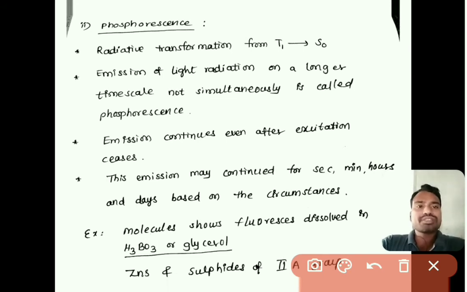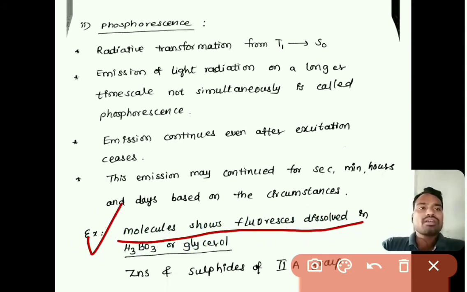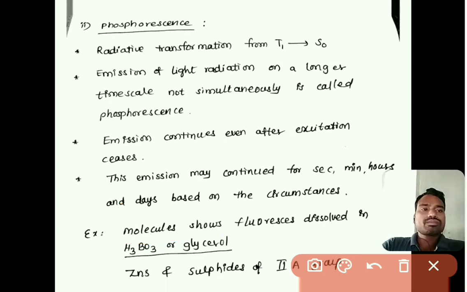Now the examples of molecules showing phosphorescence. The molecules which show fluorescence, when dissolved in H3BO3, boric acid, or glycerol, show phosphorescence.